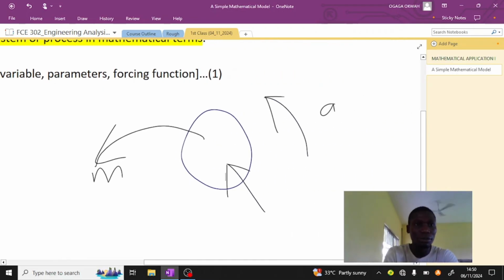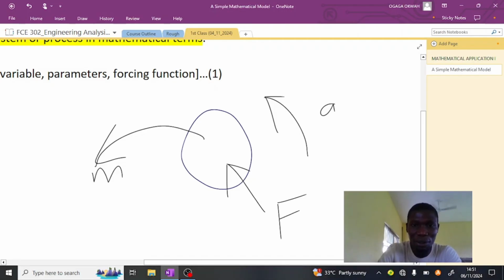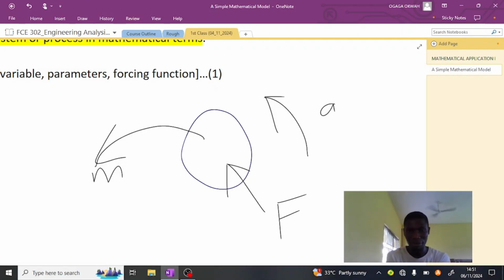So in this case, we can have this funny diagram, saying force acts on the system, forcing function acts on the system, and then acceleration tells us the behavior of the system, then mass is a composition of the system.